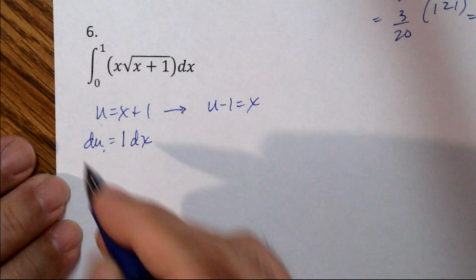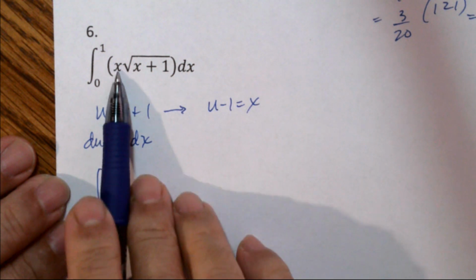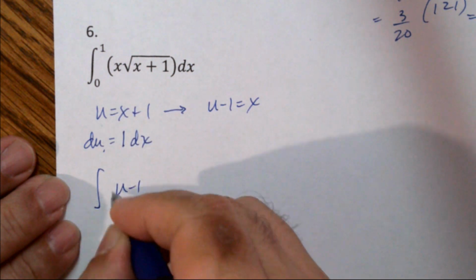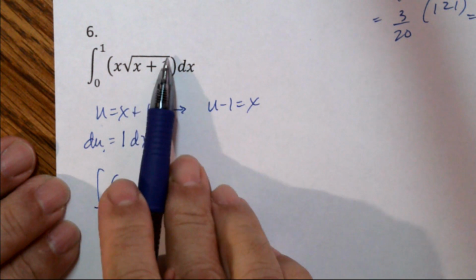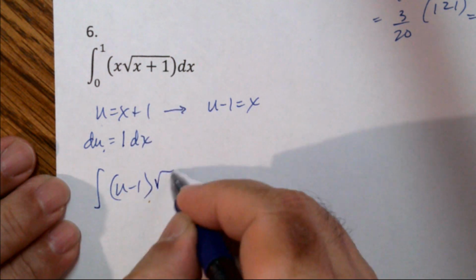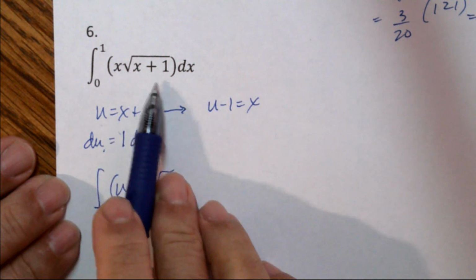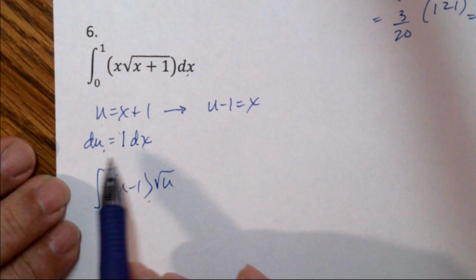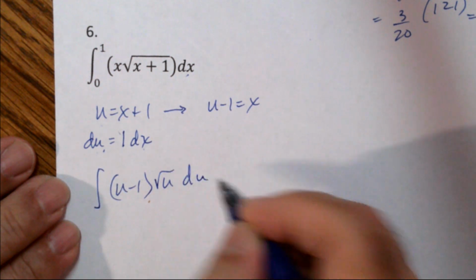All right, so let's write the integral. So x is being replaced with u minus 1. And the square root of x plus 1 is being replaced with u. Right, because x plus 1 is u. And the dx is replaced with du. So that's du. Okay.